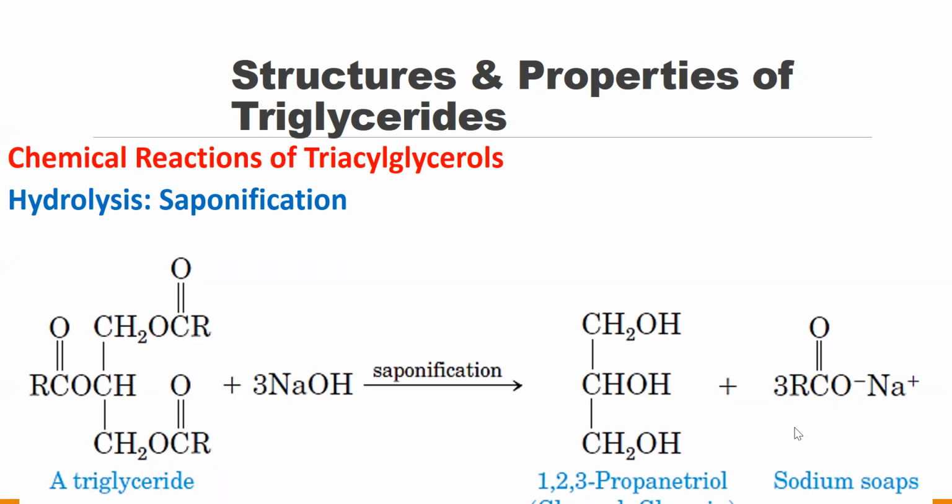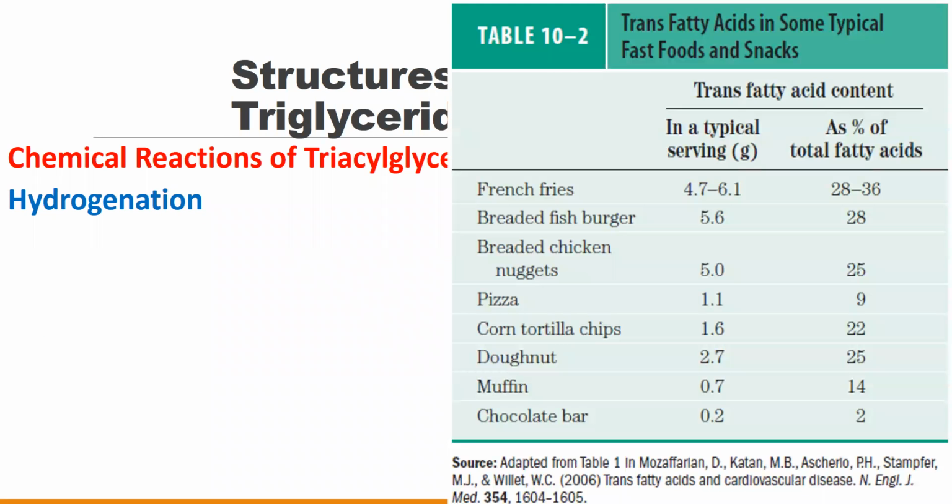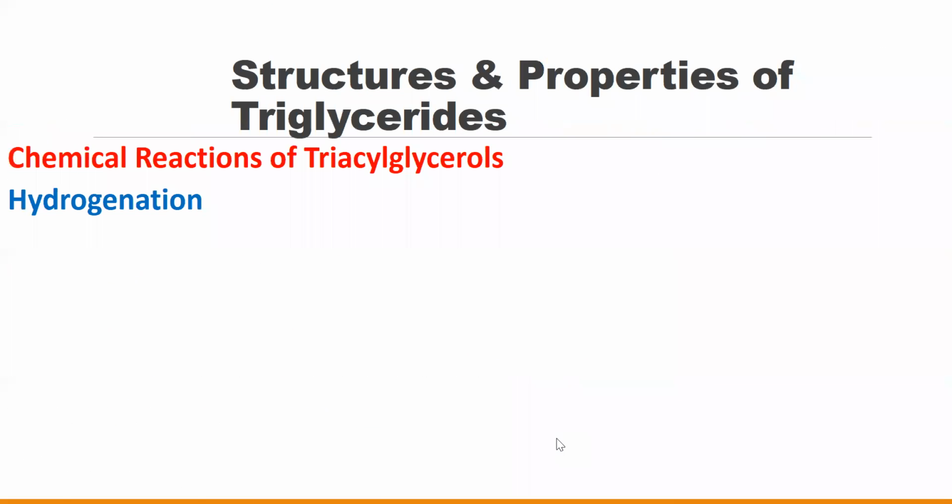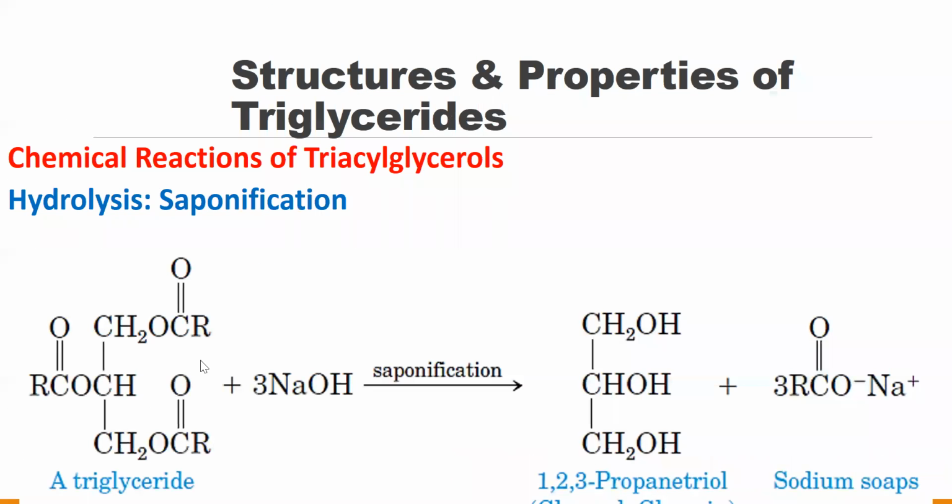For example, laurate from lauric acid, then myristic, so you have 12, 14, 16, 18 carbons. It also depends on whether it has a double bond, whether it is saturated or unsaturated. Depending on your R here, you get different types of soap molecules, but overall, you get a mixture of sodium soaps in the final product.